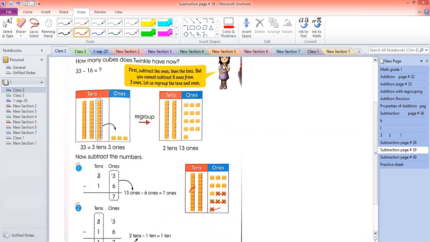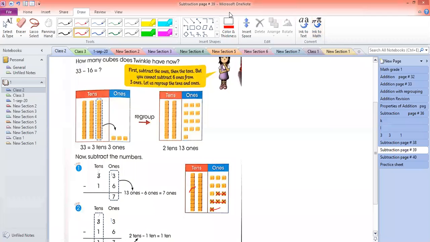So you will regroup tens into the ones and then you will minus 6. When you regroup 1 ten, they were 3 tens, now they are 2. Then you cut out 6 here and 7 remaining. You cut out 1 here from 2, so only 1 remaining.